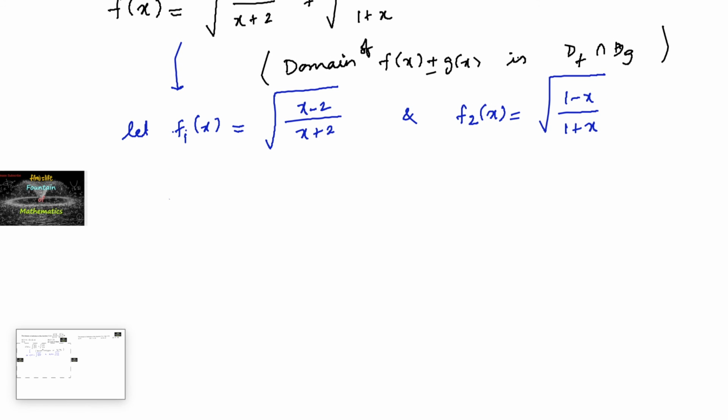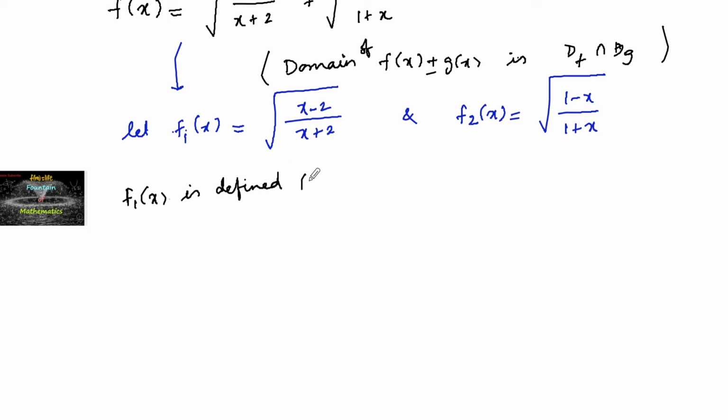So clearly, the domain of f1: f1 of x is defined for x minus 2 by x plus 2 greater than or equal to 0.